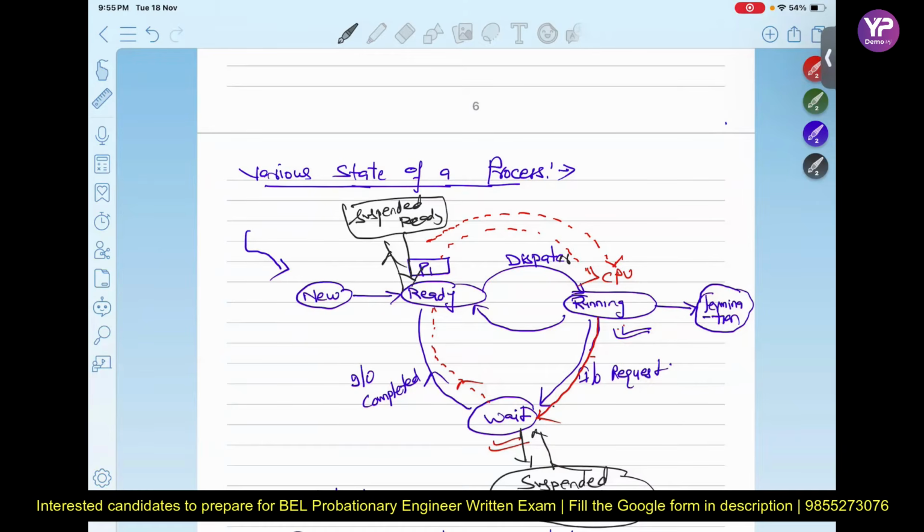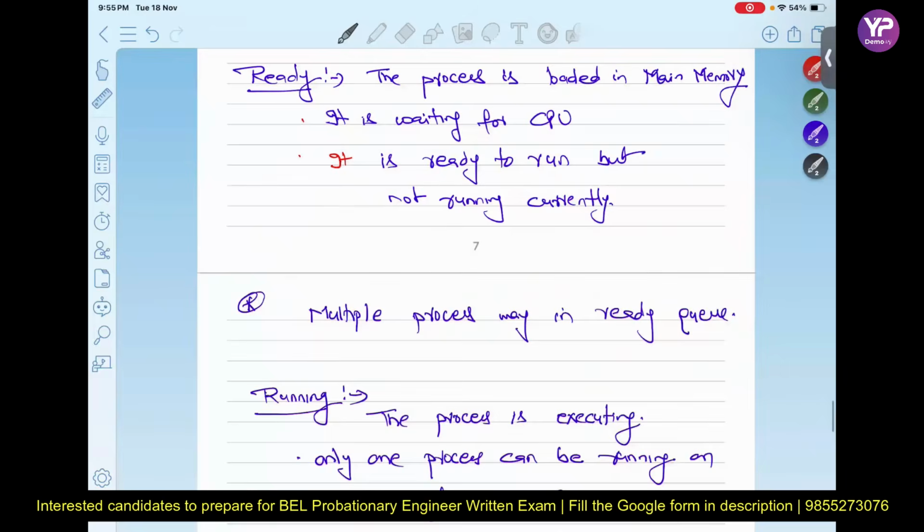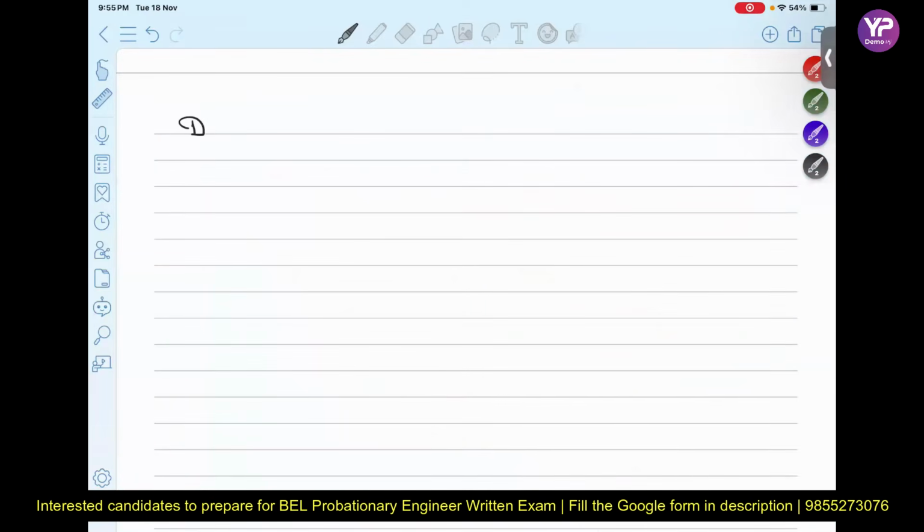Are you getting my point? Basically, it is a component.